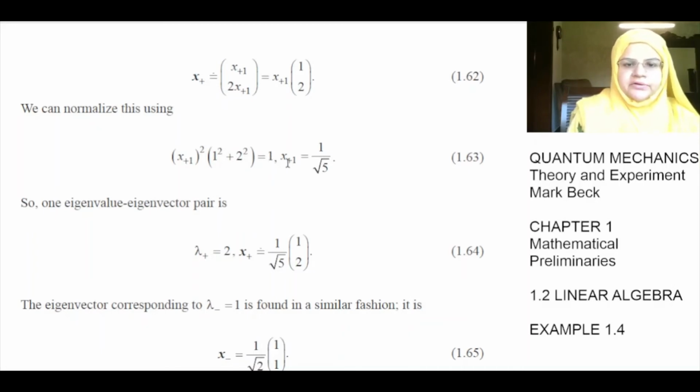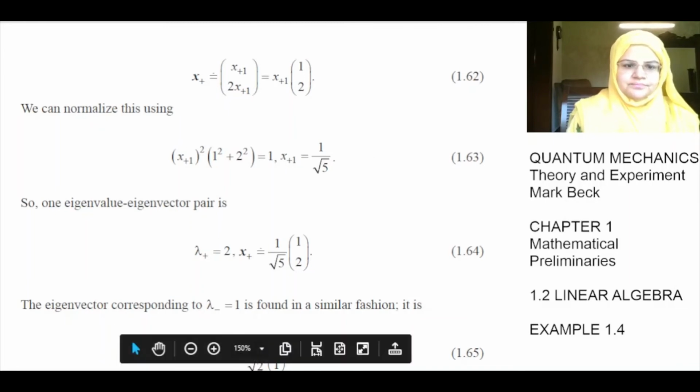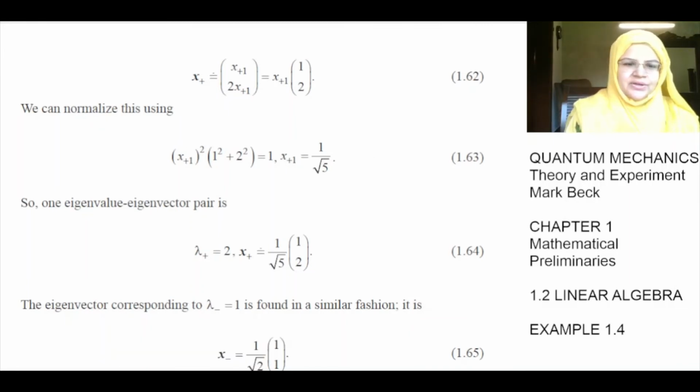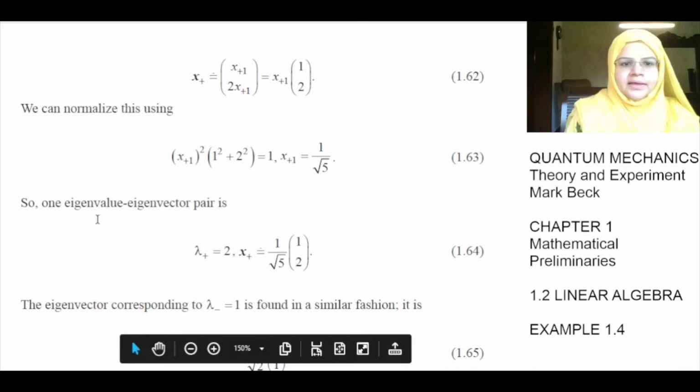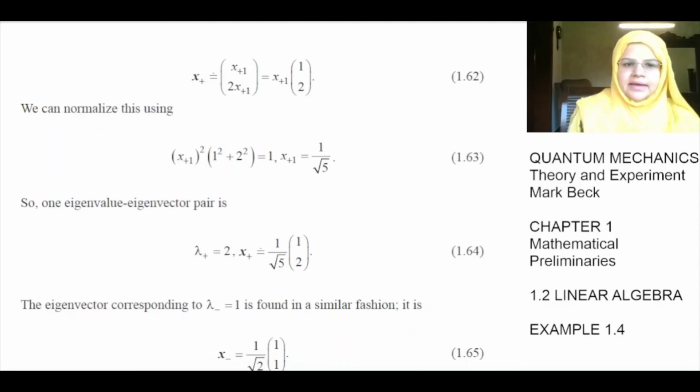This gives the value of x plus 1 is equal to 1 over under root 5. So, one eigenvector pair is lambda plus is equal to 2, x plus is equal to 1 under root 5, vector 1, 2. The eigenvalue is lambda plus is equal to 2 and the eigenvector is x plus is equal to 1 under root 5 column vector 1, 2.